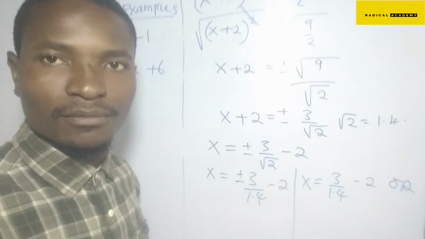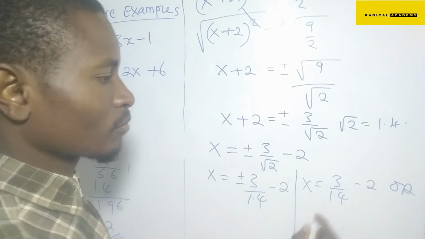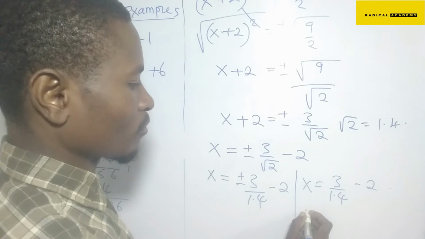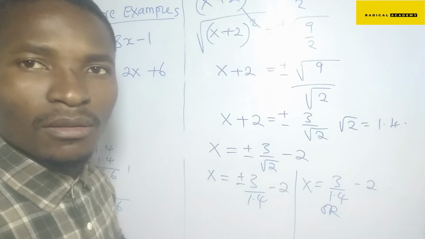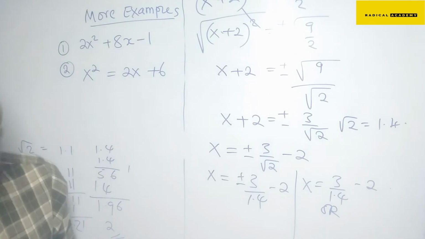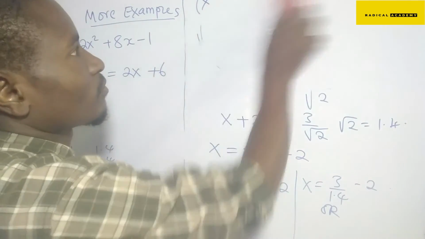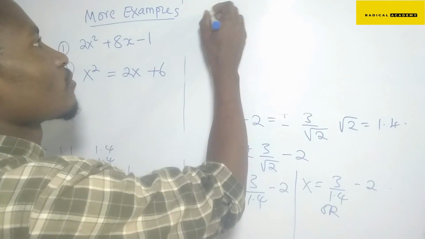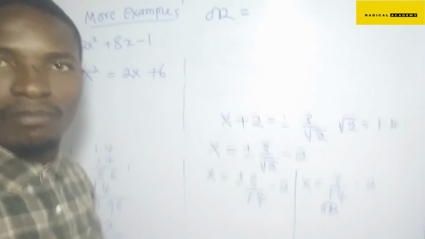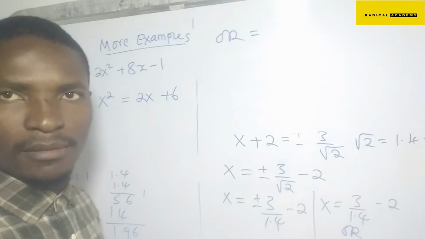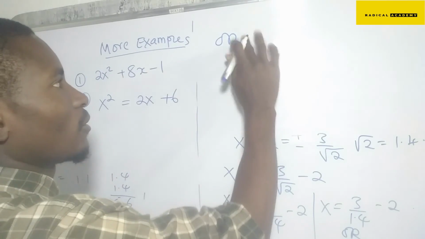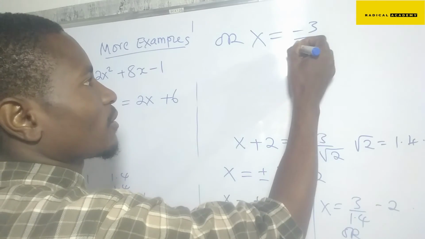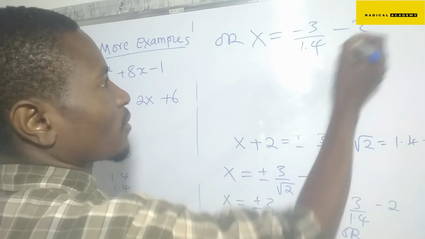So you can also have x equals negative 3 over 1.4 minus 2.